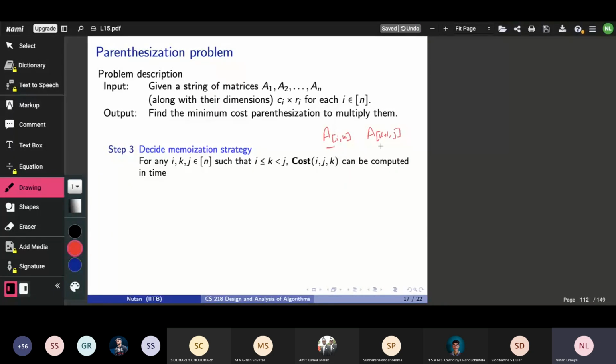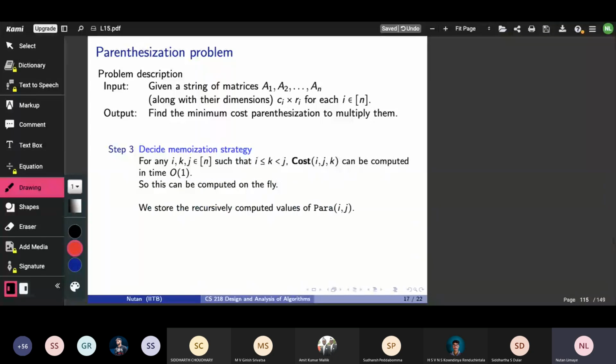If you tell me the dimensions of this, I can tell you the cost of computing the multiplication of these two matrices. Okay, so that is a very trivial thing to do, and therefore this can be done on the fly.